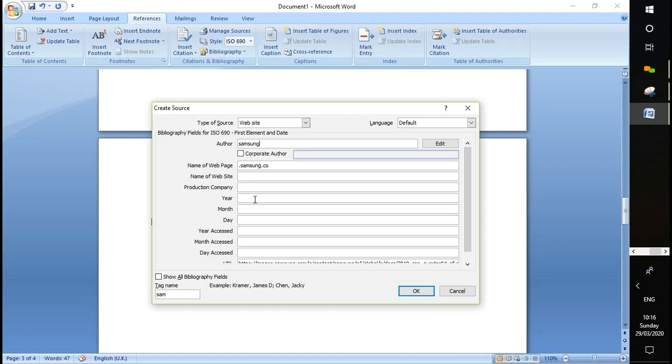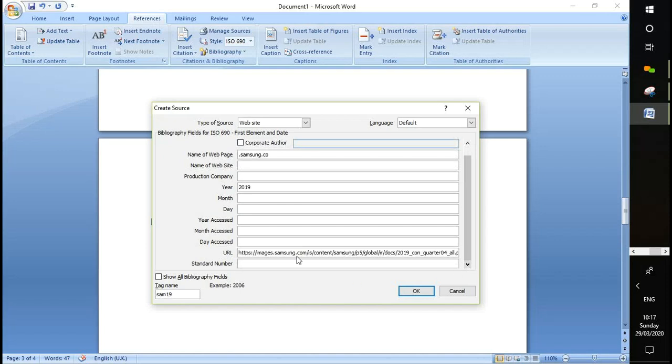The year of this information is 2019 because it's a report, and the year we are accessing this website, the month is March, and today's date is the 29th.